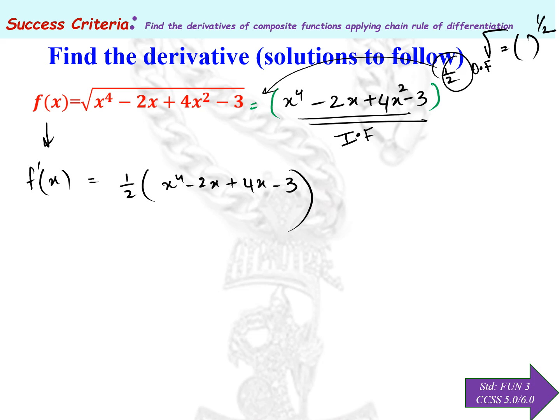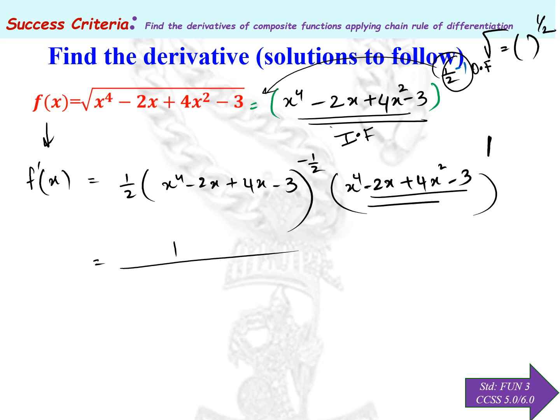From the power, subtract 1. So half minus 1 gives us negative half. Now write the inner function, meaning only the bracket expression without the power, and put a prime on it, which means I have to take the derivative of the inner function.